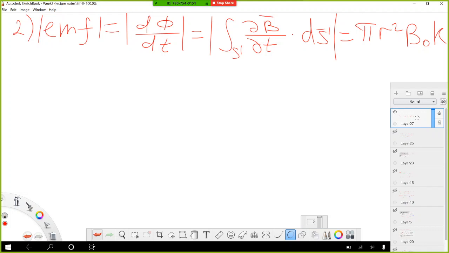And in order to find the current, we use Ohm's law.